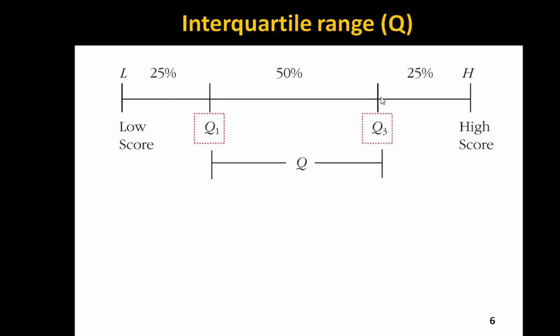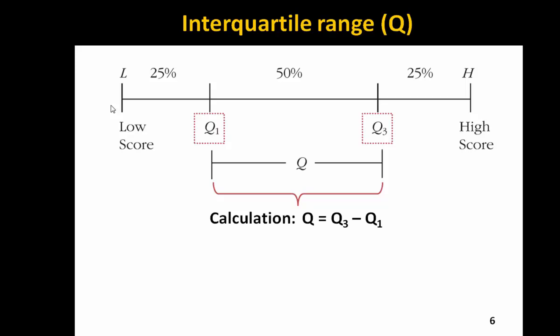At Q3, we see that percentile where 75% of the scores fall below, and Q is basically the middle 50%, which captures half of the data in our sample.